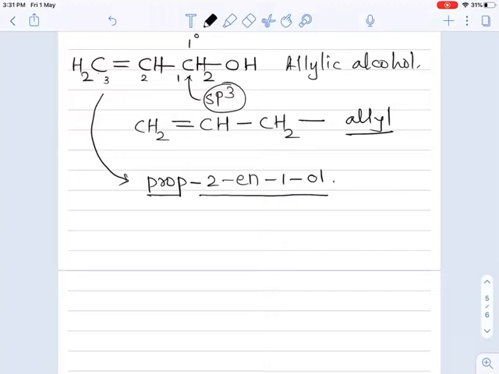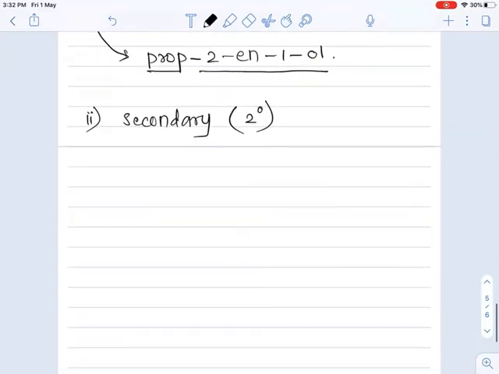Okay. Now if we take a secondary allylic alcohol, the second type of allylic alcohol, first we'll see the carbon skeleton.